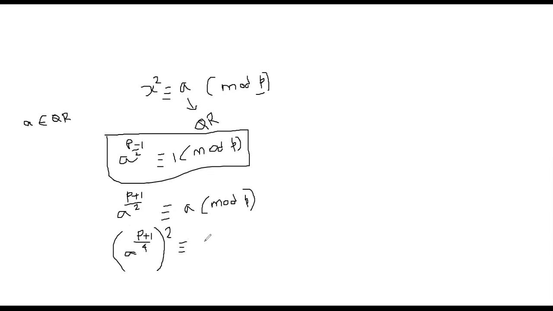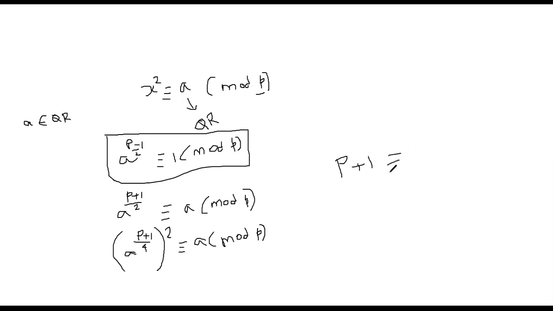There's one small problem. What if p plus 1 is not divisible by 4? Then this becomes a decimal, which is not allowed in our system. So we need to think about some condition for p. What if p plus 1 is divisible by 4?